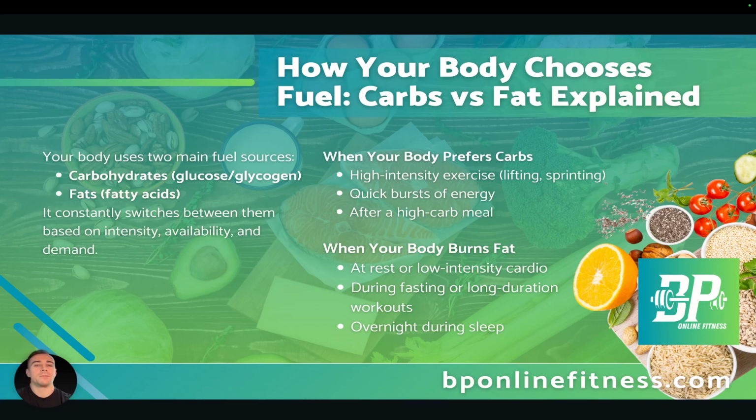So when your body prefers carbs, carbs are being used primarily with high intensity exercise. This is weightlifting, strength training, as well as sprinting. This could be anything like HIIT training. This could also be just high intensity exercise in general.